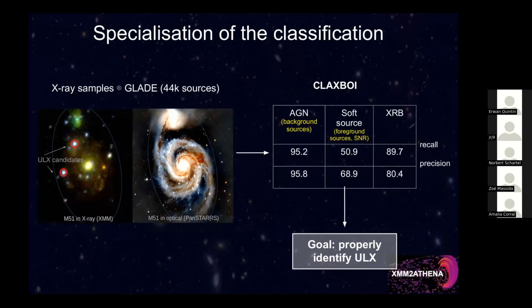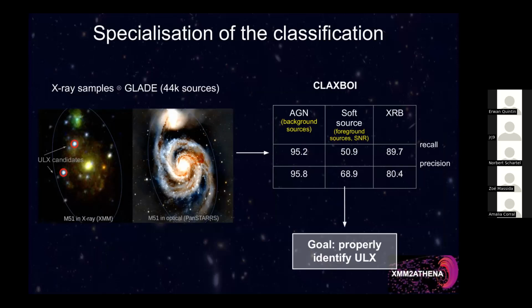When you're doing, for example, a population study, you may have very specific needs. For example, if you study only sources matching nearby galaxies, you can specialize the classification on this science case. So this is what we did using ClaxBoy, but with different classes and only for X-ray sources matching a galaxy.